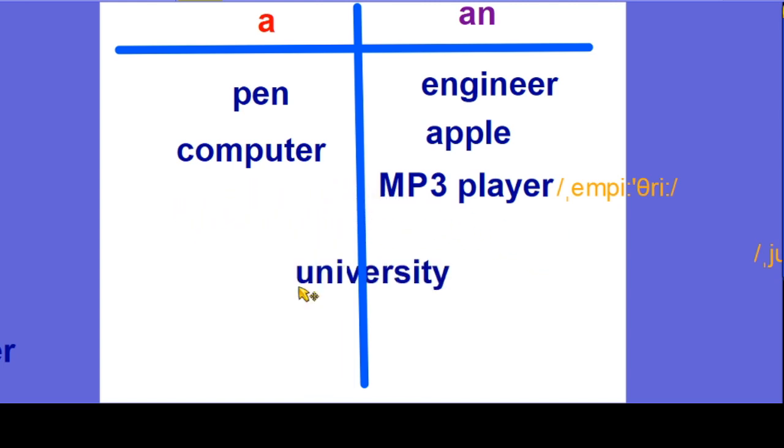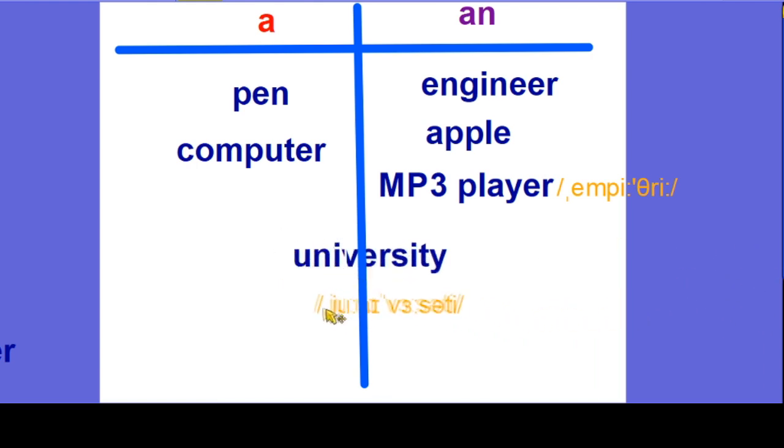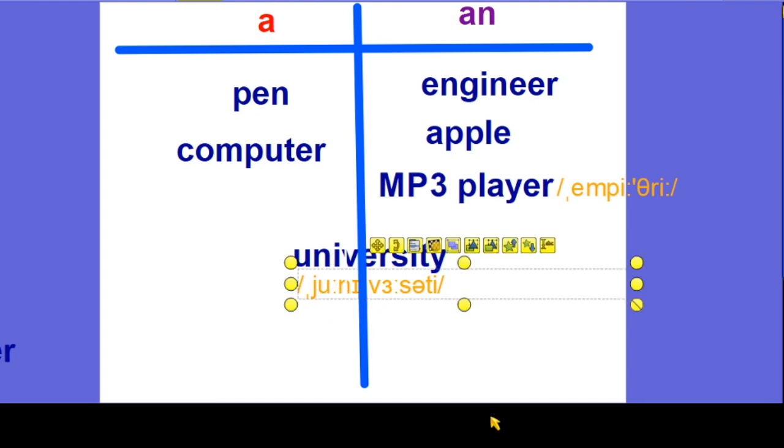Whenever you learn the rule, if you confuse sounds and letters, you will probably say, of course, it's an university because the first letter is U. But we should look at the sound. What is the first sound of this word here? The first sound of this word is Y. University.